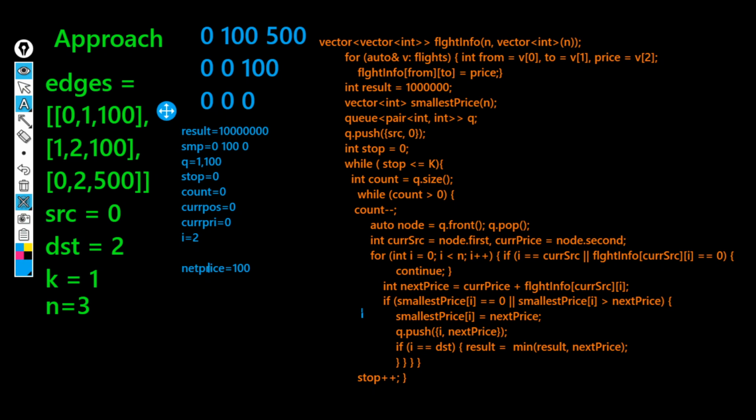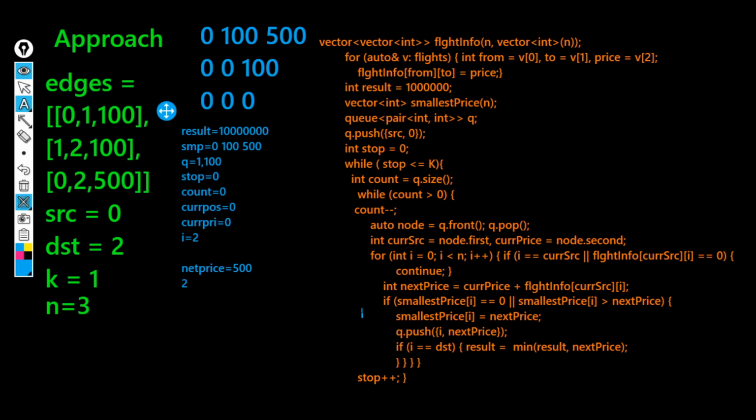The next price here is 500, because the current price is 0, so the current price plus the flight info, which is 500, will be computed. Then we will check if the small price value is 0, and in this case it is 0, so I will update it as 500. Now after this I will check if i equals dst.